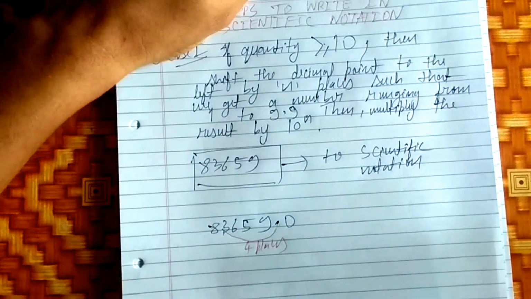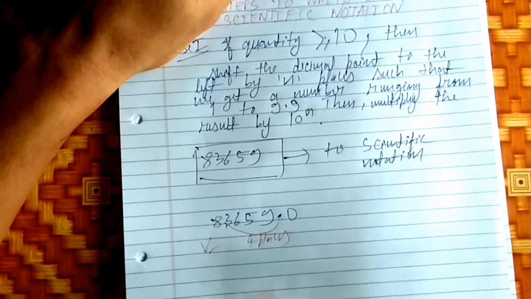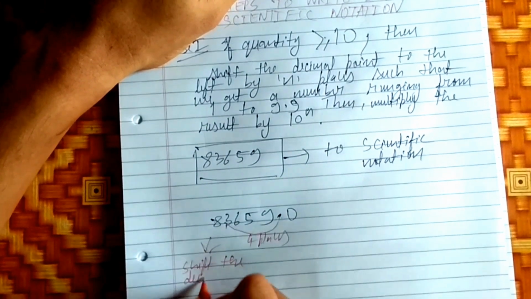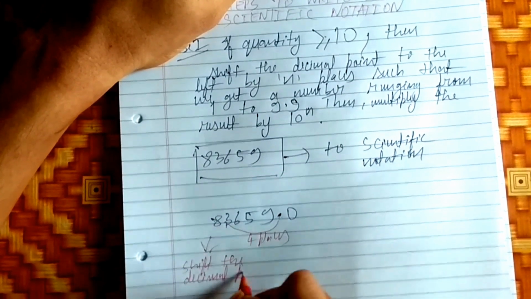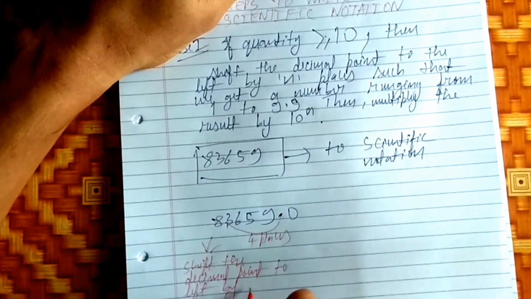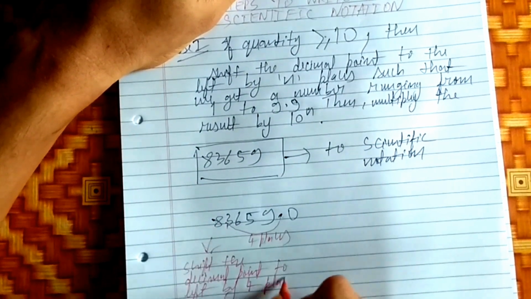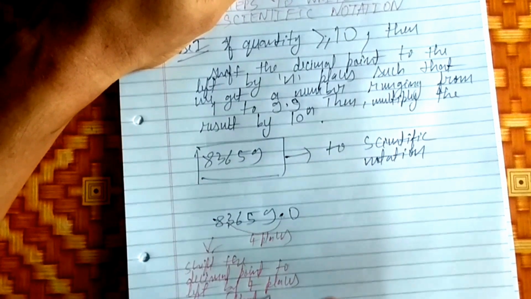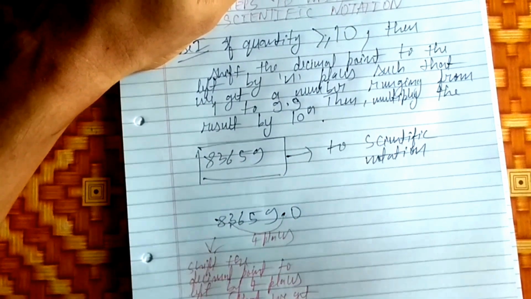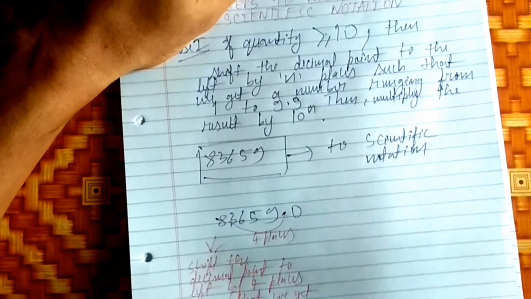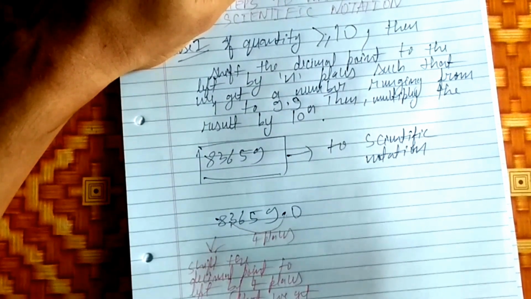So here I will write: shift the decimal point to the left by 4 places so that we get a number ranging from 1 to 9.9. We did it.